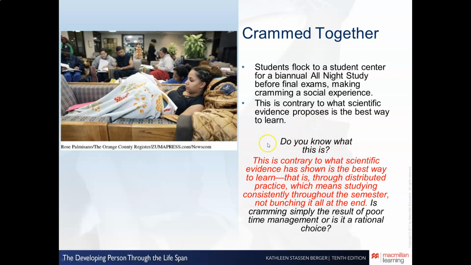What I mean by that is distributed practice. That means studying a little bit over a long period of time is a lot more effective.